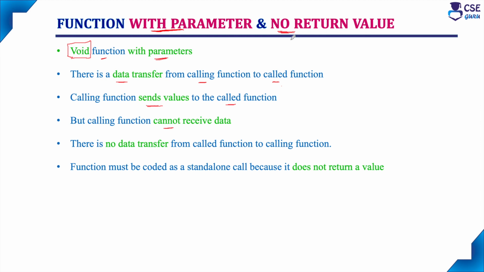So there is no data transfer from the called function to the calling function, but there is a data transfer from the calling function to the called function, since it is sending parameters. The function must be coded as a standalone call because it does not have a return value.